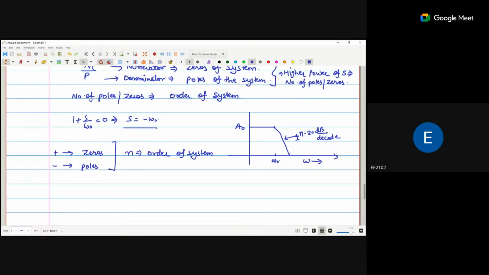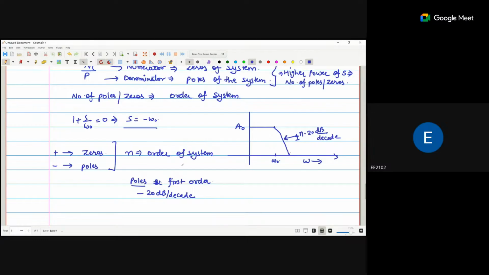So we can see that only a pole is available and it is first order. Because of the pole, it is minus, and because of the first order, the n value is 1. So it is minus 20 dB per decade.